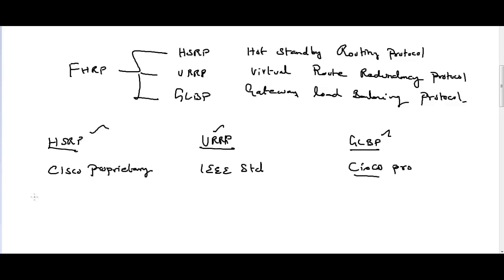Now the standards are recognized in RFCs. You can read about HSRP in RFC number 2281. You can read about VRRP in RFC 3768. And there is no RFC for GLBP.